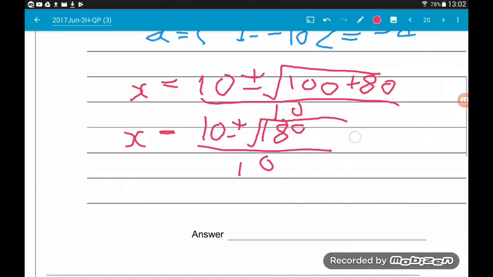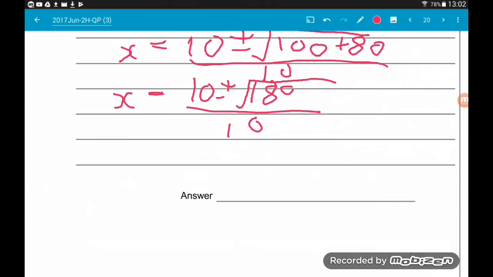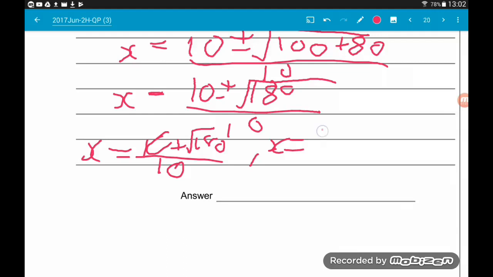So our two solutions are x equals 10 plus root 180 all over 10, and x equals 10 minus root 180 all over 10.